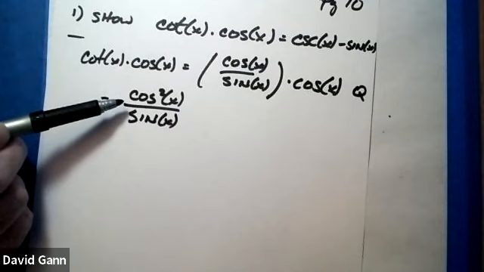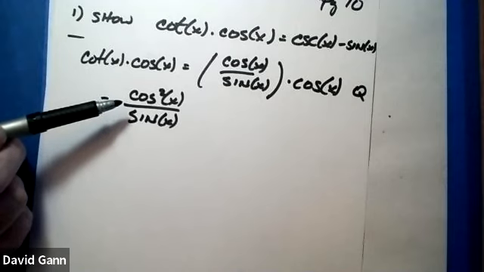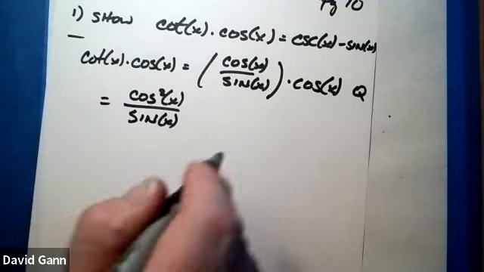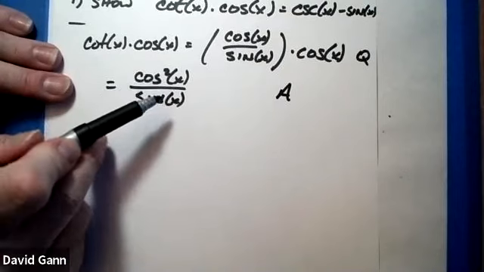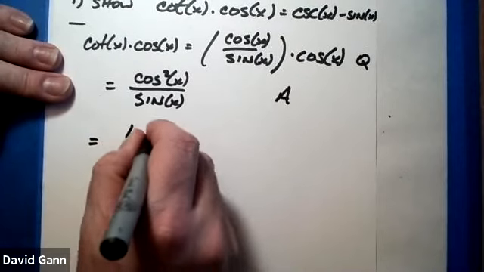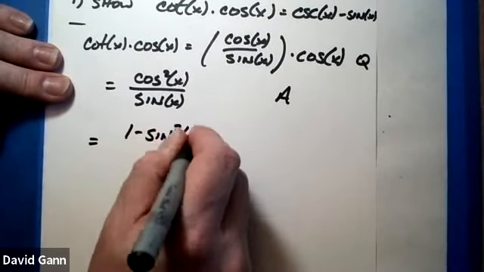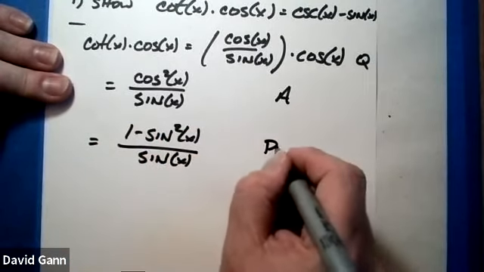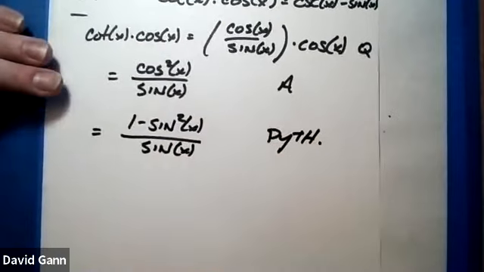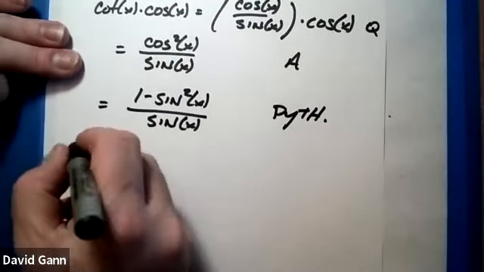The insight is, anytime I see a squared trig function, maybe I should try using a Pythagorean identity to get myself out of this. So that's exactly what I'm going to do. Cosine squared is actually 1 minus sine squared. That's a Pythagorean identity. And now I can split this up into two terms.